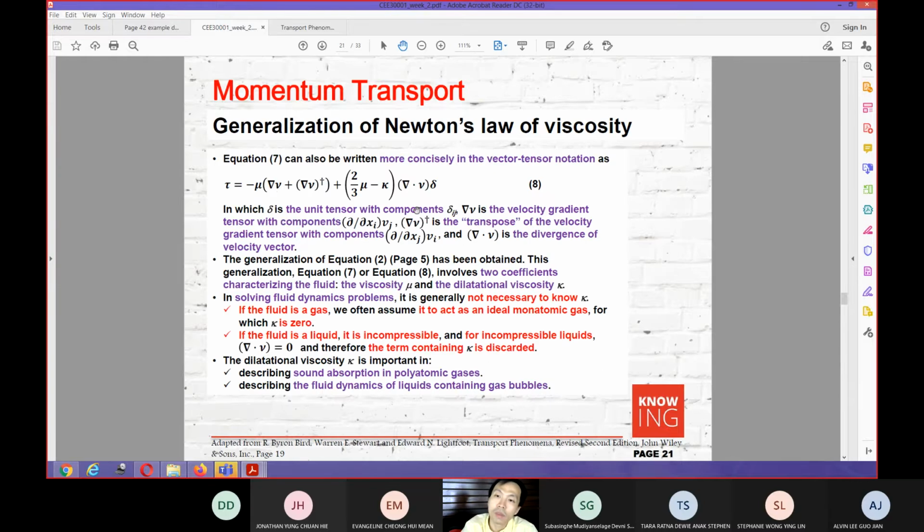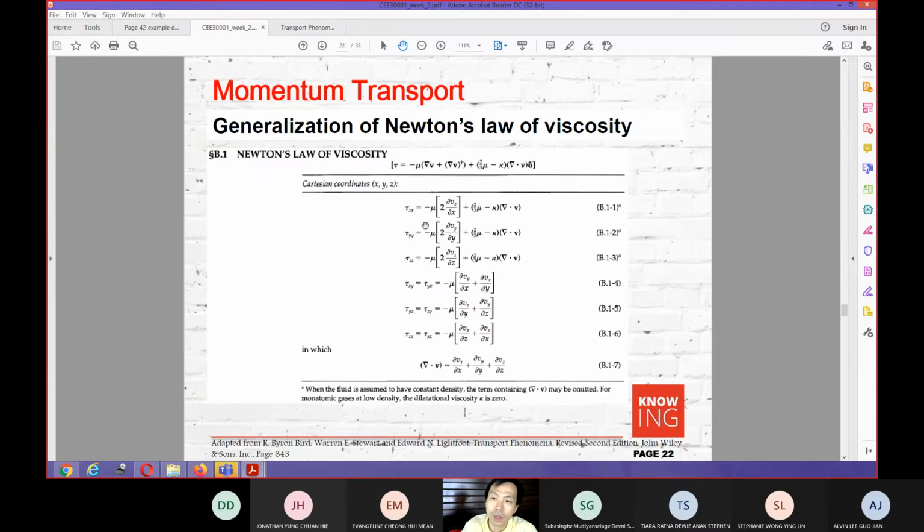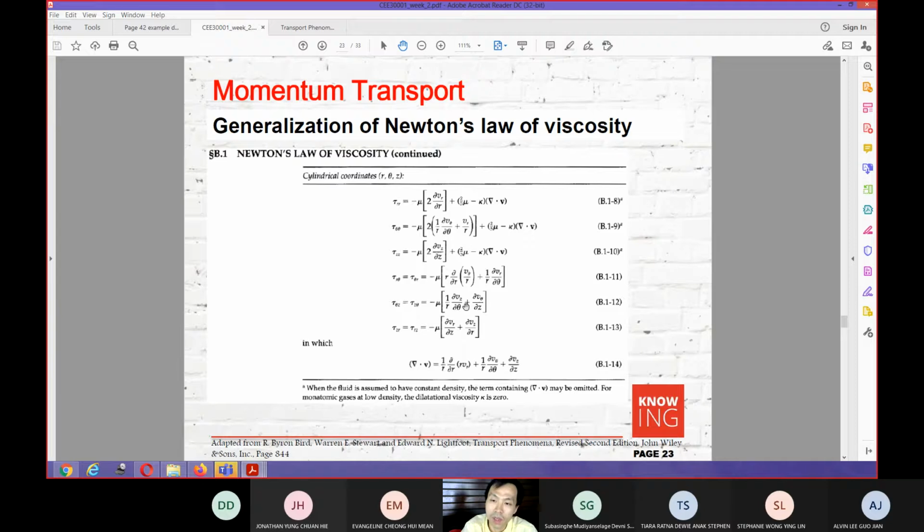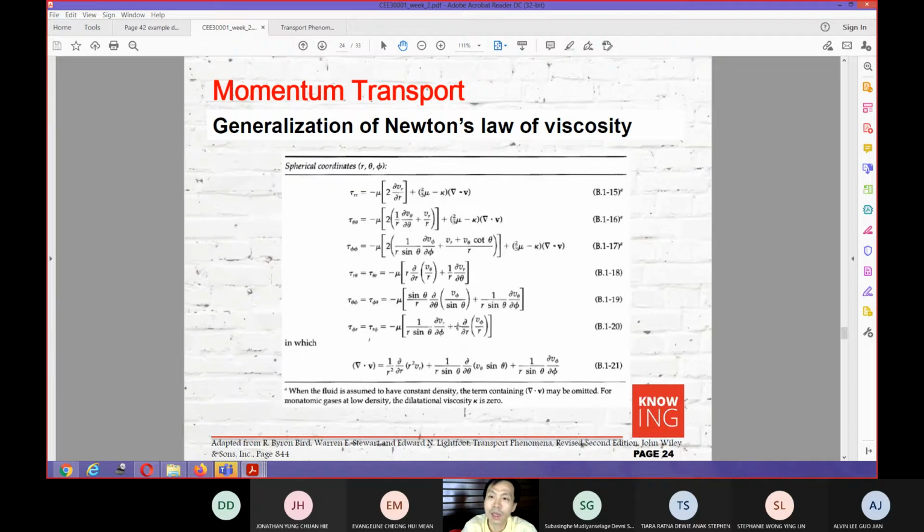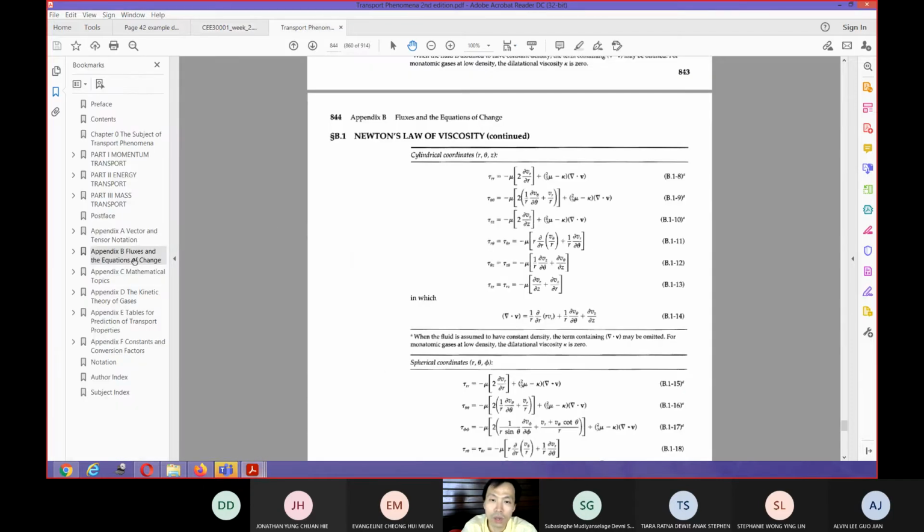Now, this term in equation 8 can be broken down into its respective components or tensors. If you are dealing with Cartesian coordinates, you use this particular table; this table is for the cylindrical coordinates, and this one is for the spherical coordinates. Where you get these is in the appendix.